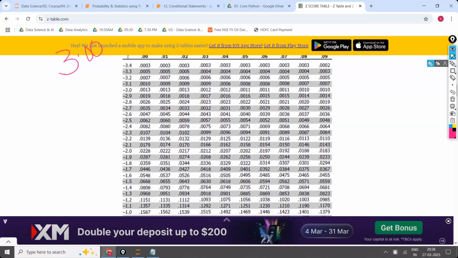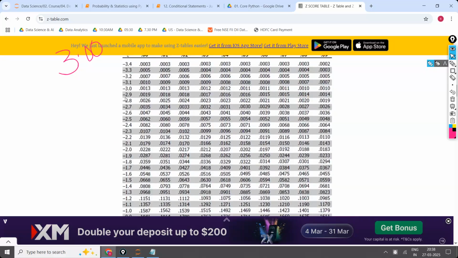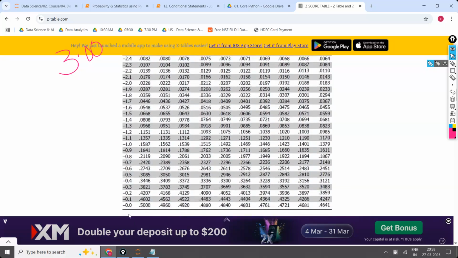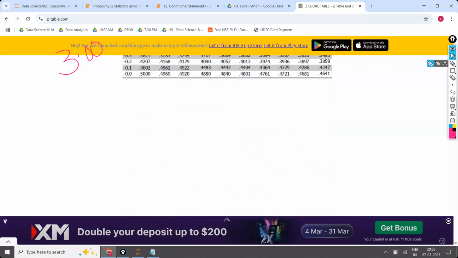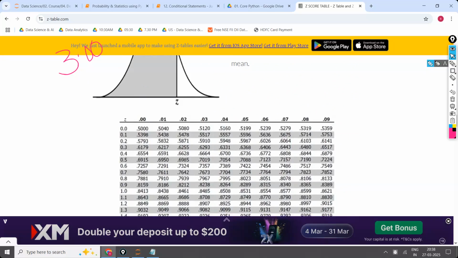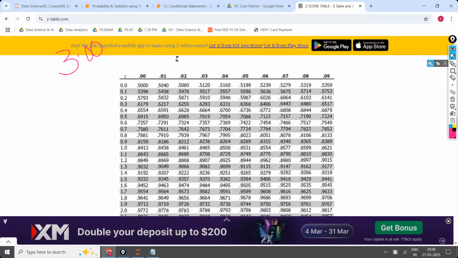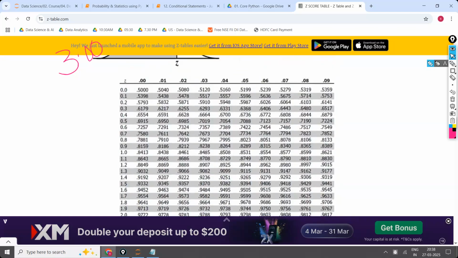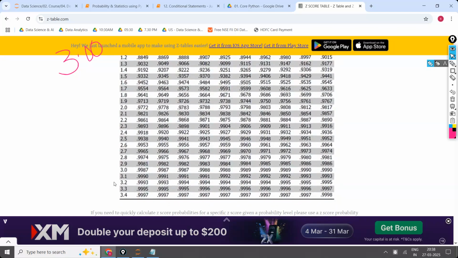Up: minus 3.4, minus 3, minus 2, minus 1, 0, 1, 2, 3, like this. Come down. So see here, minus 3.0, minus 2.0, minus 1.0, and finally 0. Still scroll down, move down. Can you see here? 1, here it is 2, here it is 3. So now what is your value? 3.00. 3.00 means first decimal, this one.